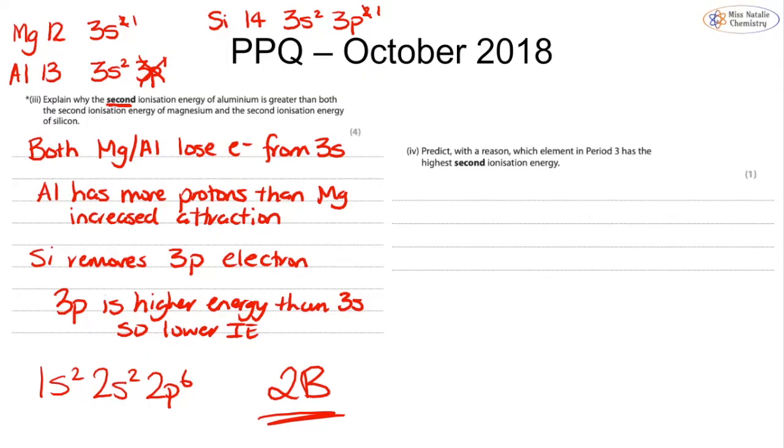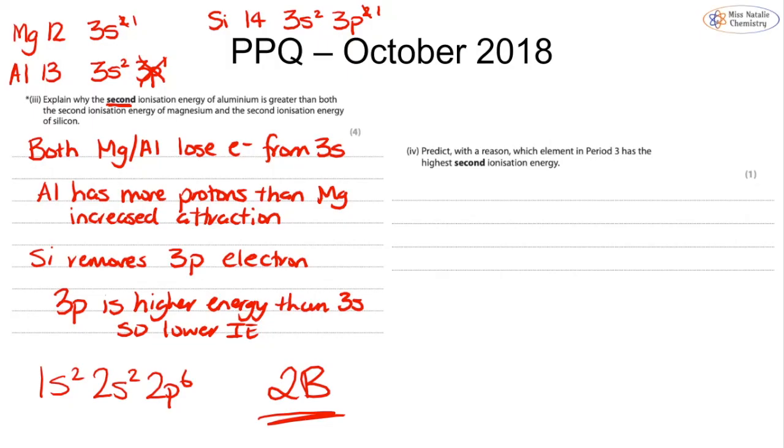And then predict with a reason which element in period 3 has the highest second ionization energy. Well, we said as we go across the period that we're going to see an increase in our ionization energy.